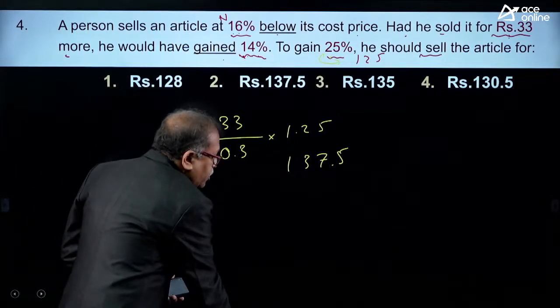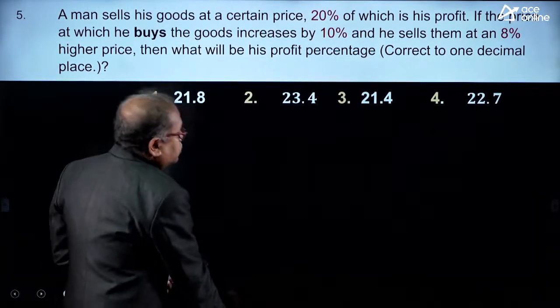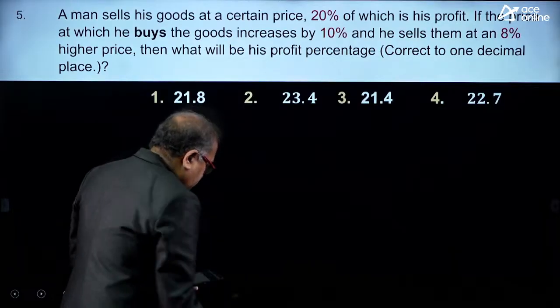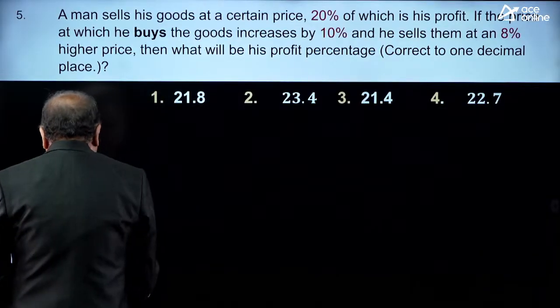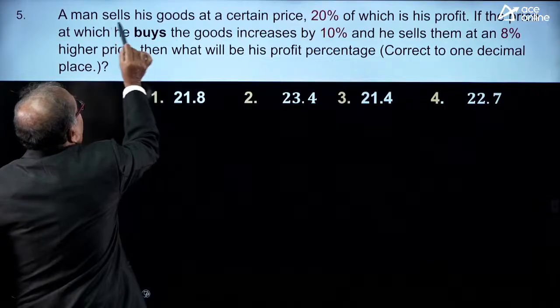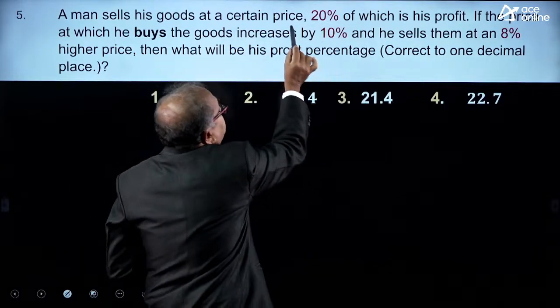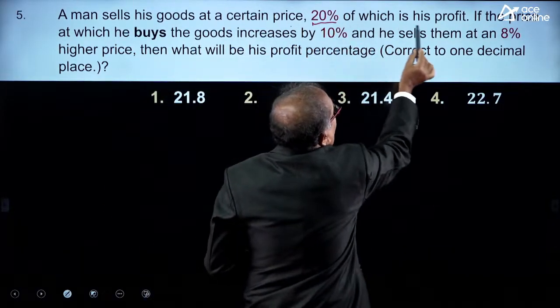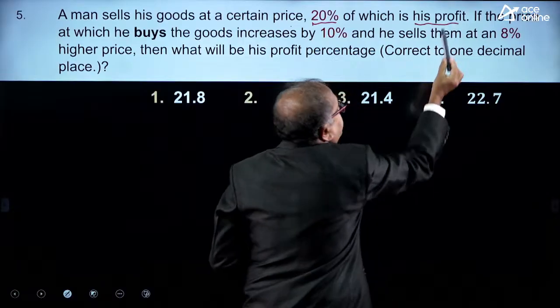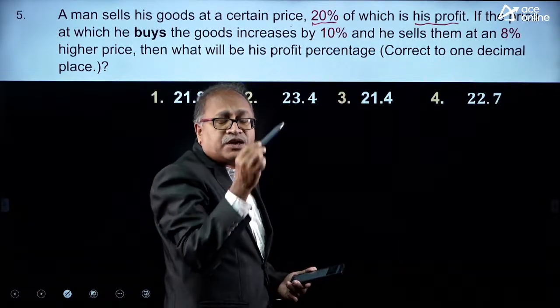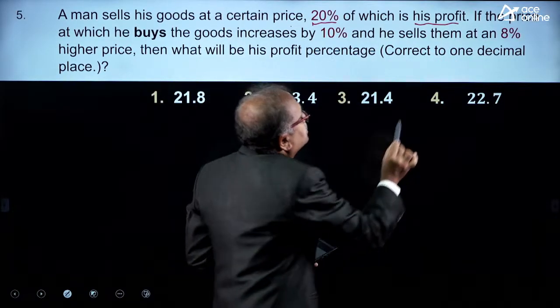Okay. I am moving on to the next question, and the next question is this. It's just practice. A man sells his goods at a certain price, 20% of which is his profit. Okay. Selling price at a certain price, 20% profit is there.